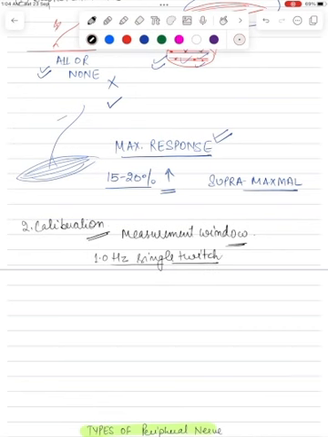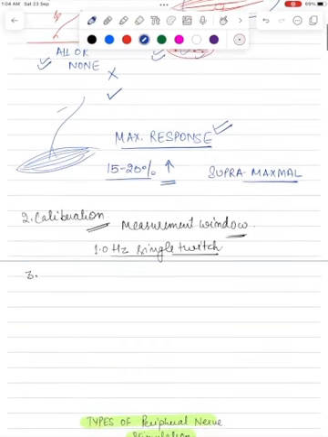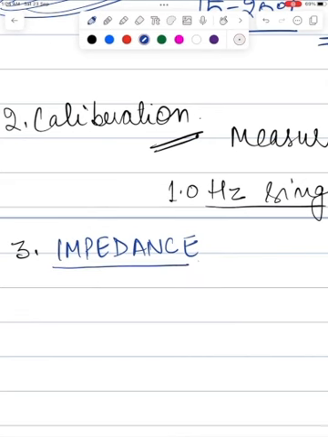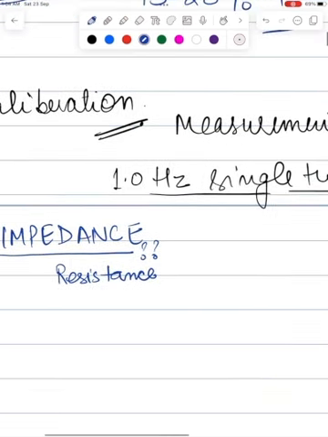The third term we need to look at is impedance. So what is impedance? Impedance is basically the resistance that is provided to the electrical current by the skin.